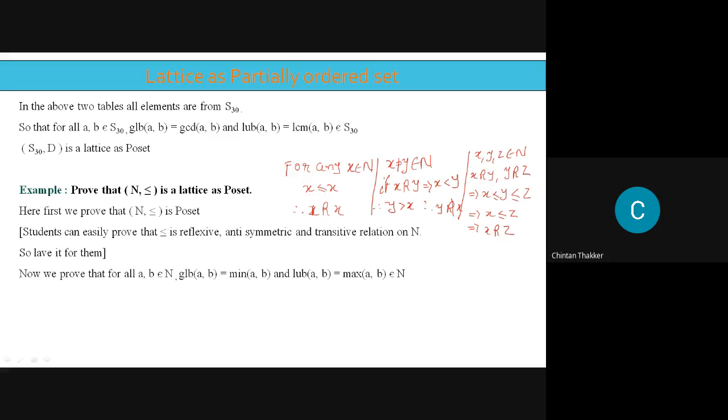For the less than equal to relation, the GLB is the minimum number and the LUB is the maximum number. So here GLB of A comma B is the minimum of A comma B and LUB of A comma B is the maximum of A comma B.